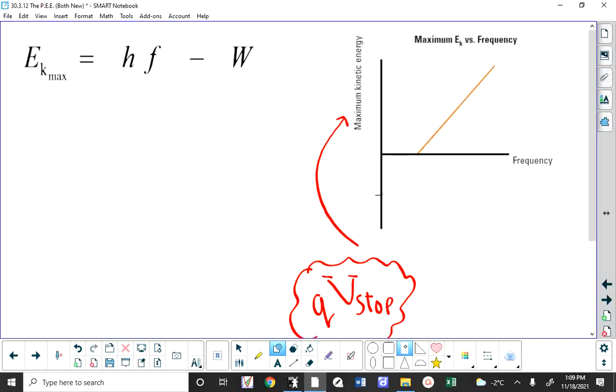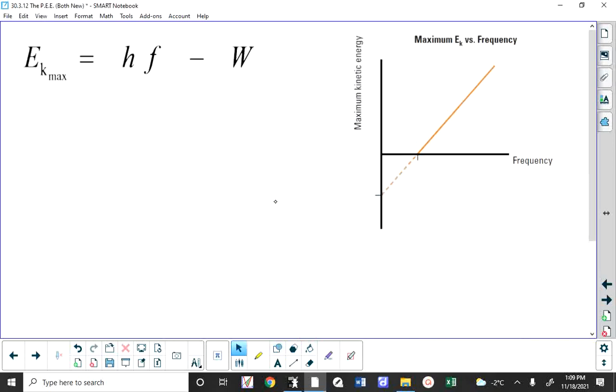And by the way, this frequency right here is in fact the threshold frequency of the particular metal. And that feature of the graph has nothing whatsoever to do with a graphical analysis of y equals mx plus b. It's simply a fact of the matter that that's the threshold frequency. We could explain it in terms of y equals mx plus b, but I'd rather not just yet.